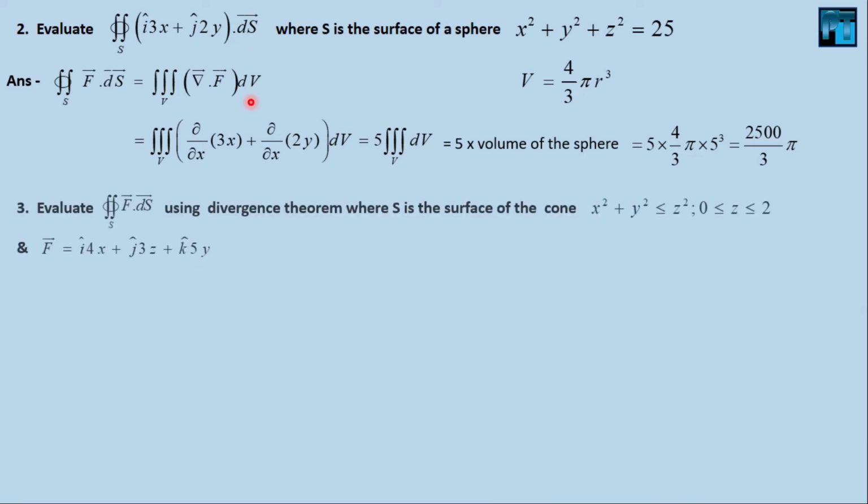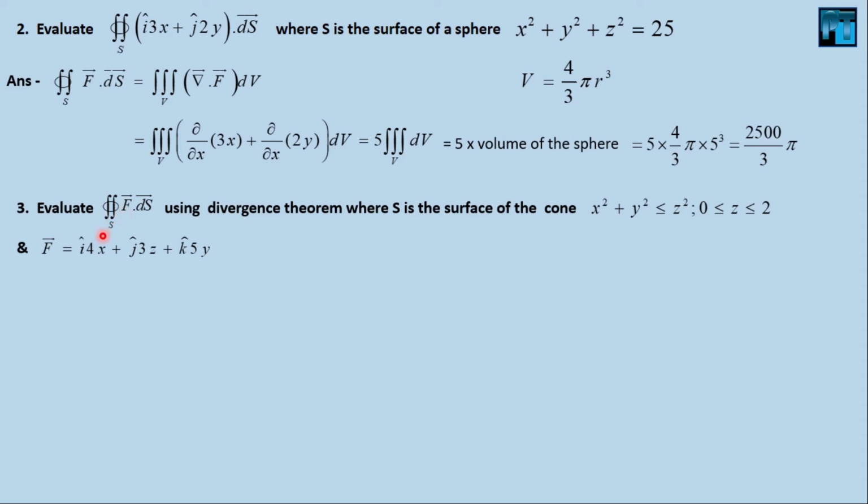Now our next problem. Evaluate closed surface integral F dot dS using divergence theorem where S is the surface of this type. This is a conical surface and F is given. Now before I proceed, see, actually you may not always get this type of language. This closed surface integral S F dot dS is actually the flux through the closed surface S, flux of this vector.